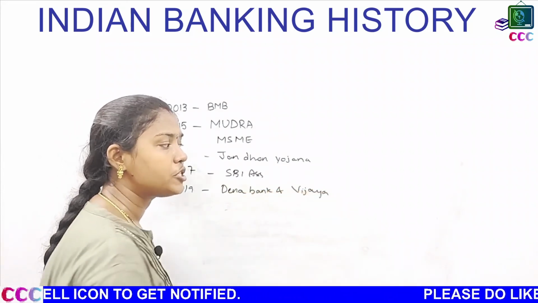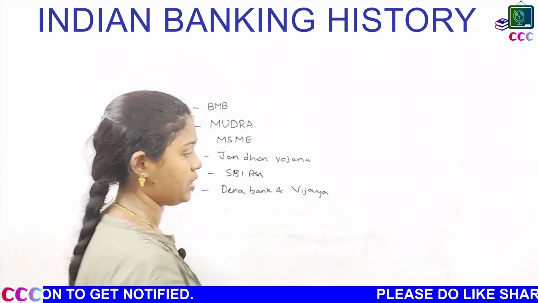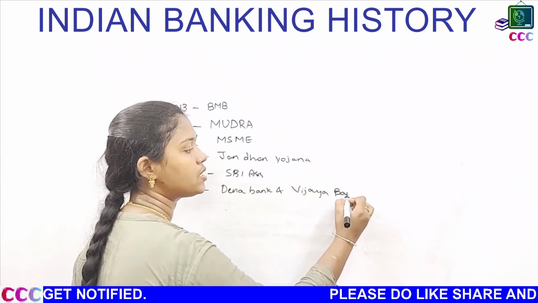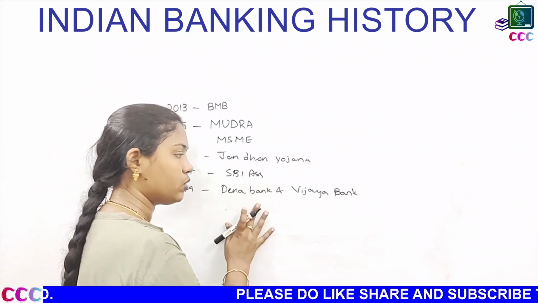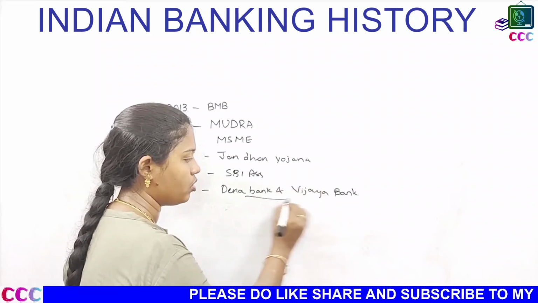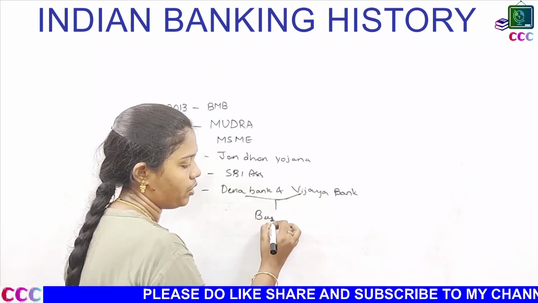Some more banking mergers are also there after 2019. We will discuss those mergers in detail in the next sessions. So here, 2019 is Dena Bank and Vijaya Bank got merged with Bank of Baroda.